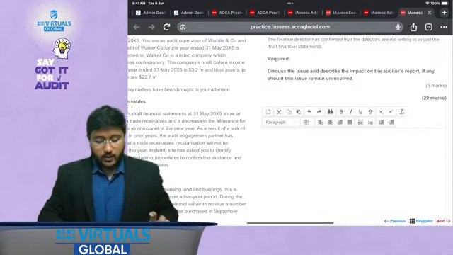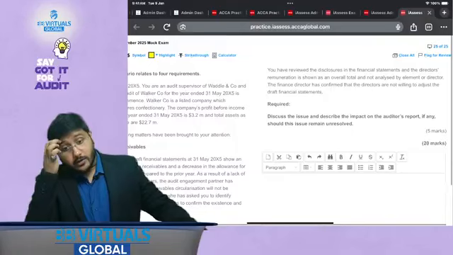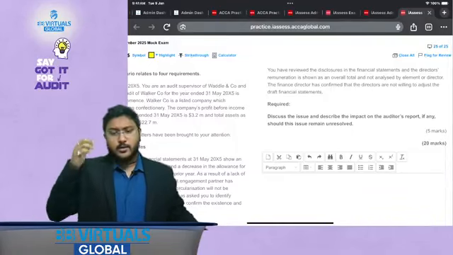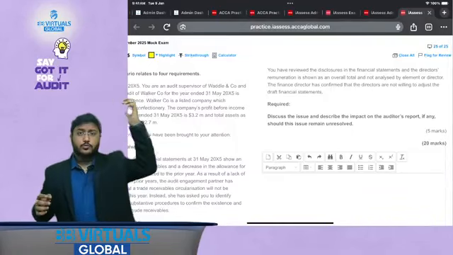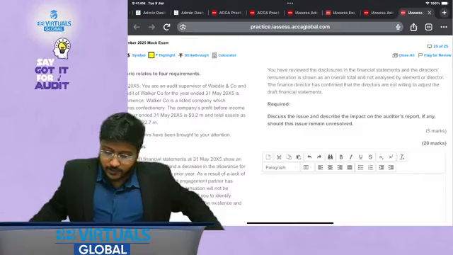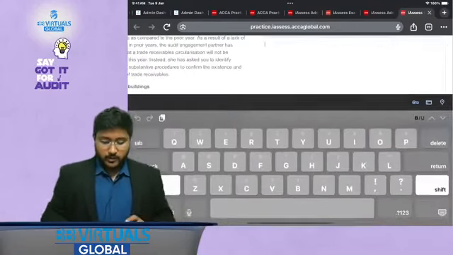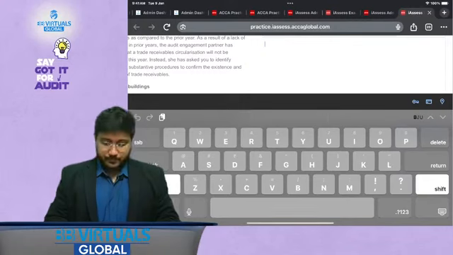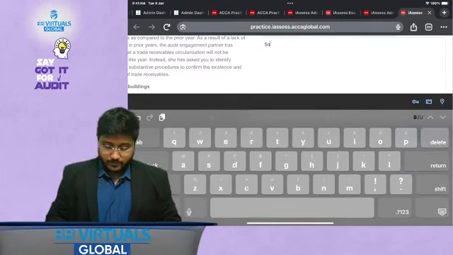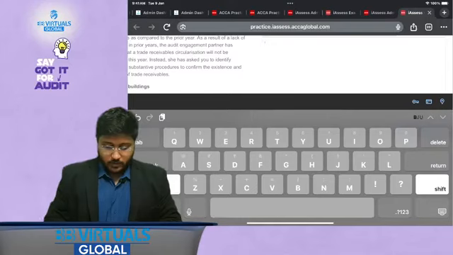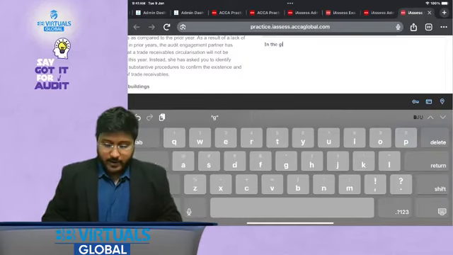Now the next one. Okay, so they have not given that disclosure, and now they are not in the view of revising it also. So now how the auditor should deal with it? Discuss the issue and describe the impact on the auditor's report, if any, should this issue remain unresolved. Okay, so in the given case, I am writing a little short.